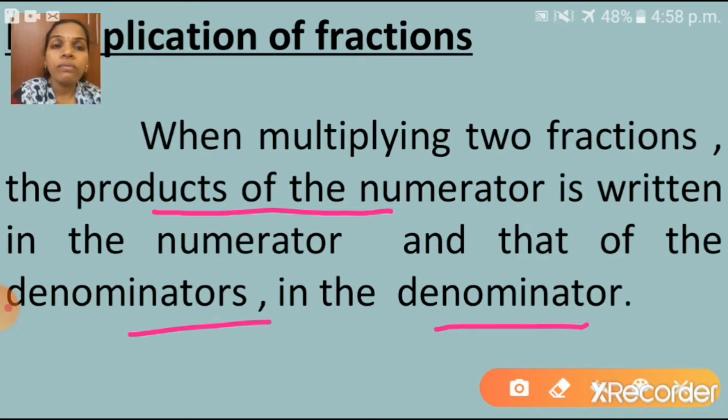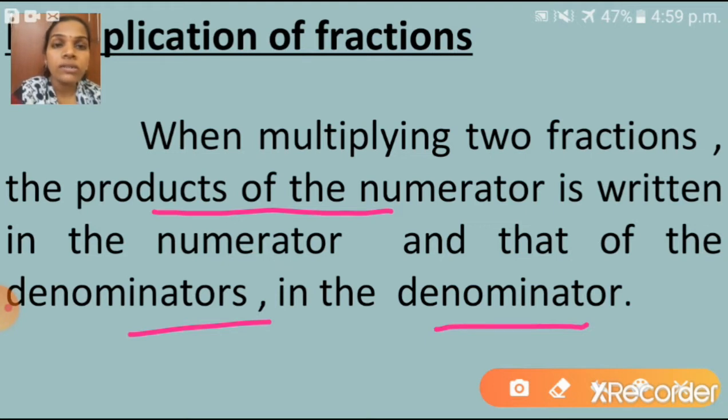If you are given two fractions, numerator into numerator is called the product of numerators, which you write on the numerator side, upon the product of denominators, which you write on the denominator side. Understood, children? When we solve the sums, it will be easily understood.